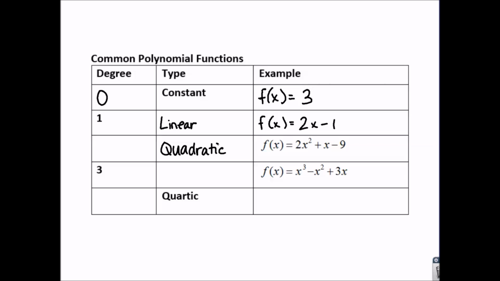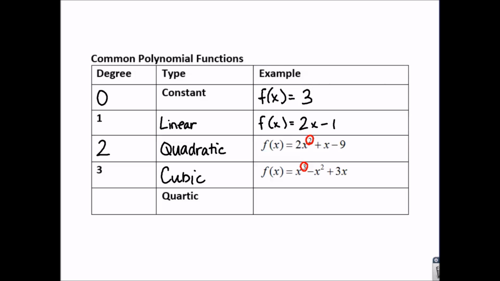We said that the degree is the highest exponent. You'll notice that the highest exponent is a 2. So it is a second degree polynomial. The next one is a third degree polynomial because our highest exponent is a 3. And this is called a cubic.